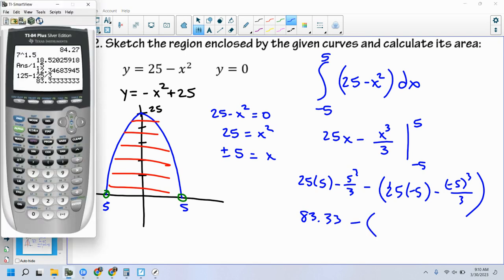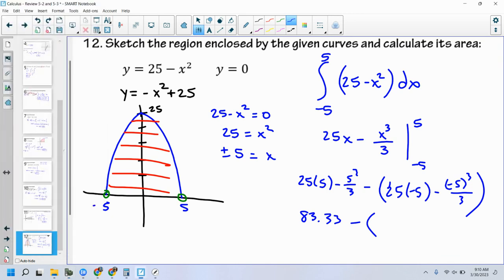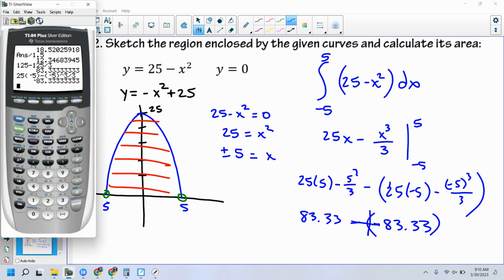And this is actually interesting. 25 times negative 5, minus negative 5 to the third divided by 3, is another 83.3, just negative. And those negatives cancel out to be a big plus sign.